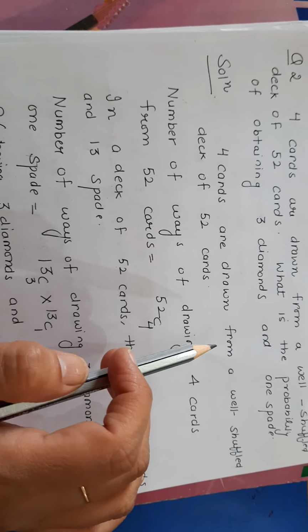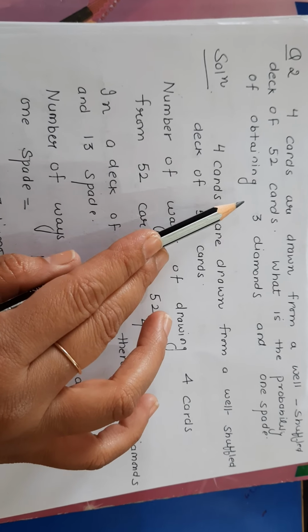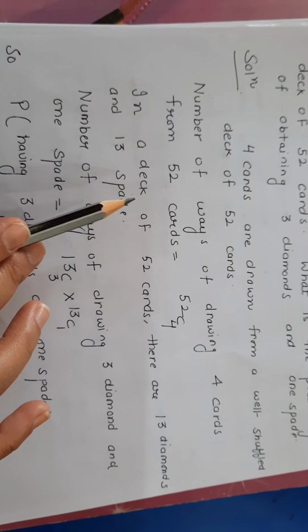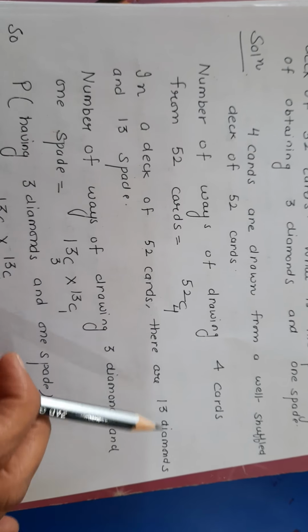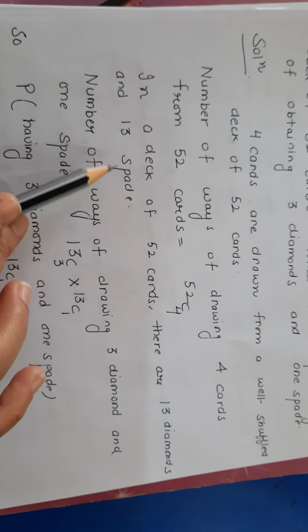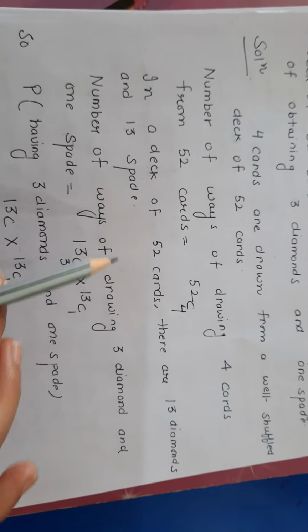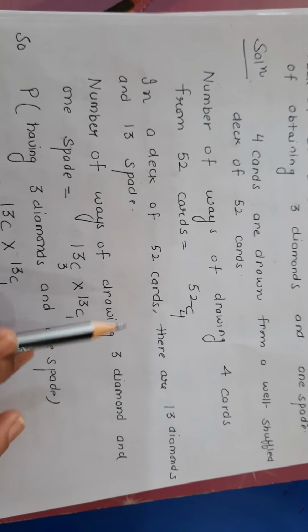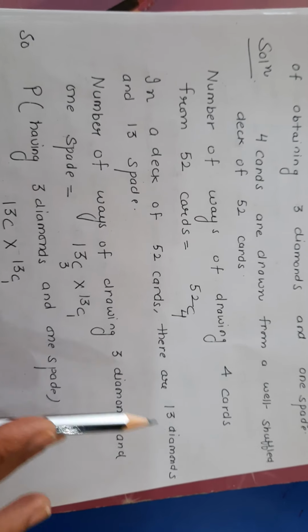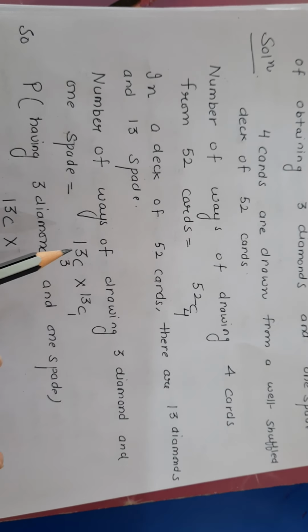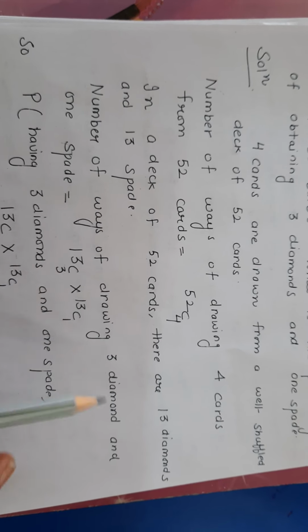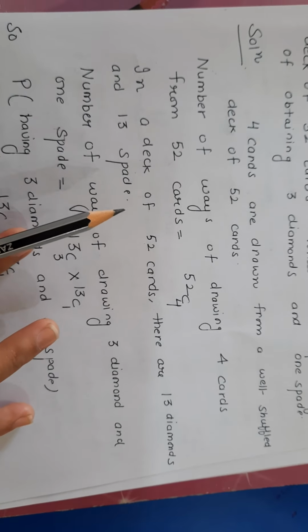Now come to the favorable part. You have to find the probability of obtaining 3 diamonds and 1 spade. Now in a deck of 52 cards, there are total 13 diamonds and 13 spades. So number of ways of drawing 3 diamonds and 1 spade will be: from 13 diamonds you have to select 3. So this is 13C3 and multiplication 1 spade from 13 spades.